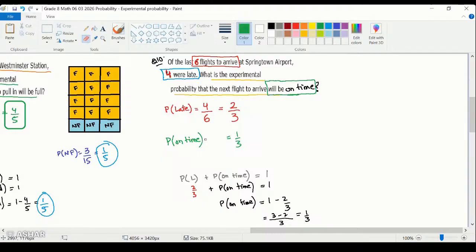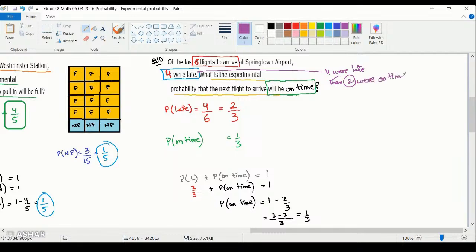Agreed? So I just changed the question. That means late and on time, the total should always be equal to 1, because the probability of any given event cannot exceed 1. Or what we can say is, if we know that 4 were late, then 2 were on time, right?